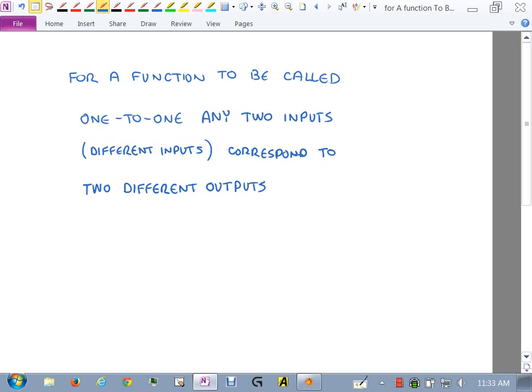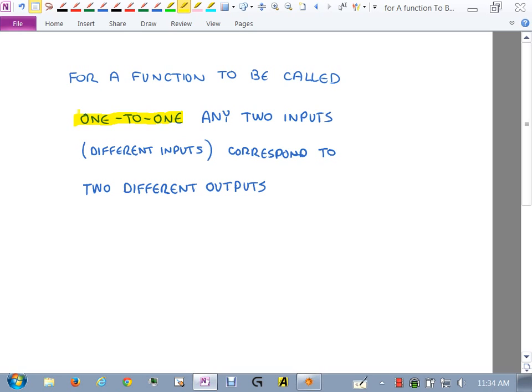Okay. Can you make sense out of that or no? This is what it means to be one-to-one. If you take any two inputs that are different, like 1 and -1, then those two inputs correspond to two different outputs. 1 and -1 cannot go to 1. They have to go to two different things.